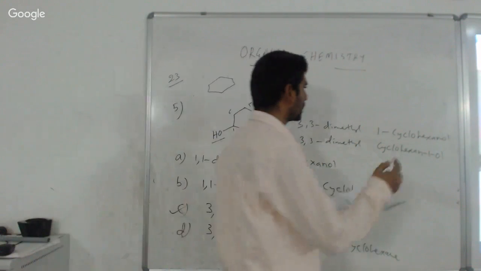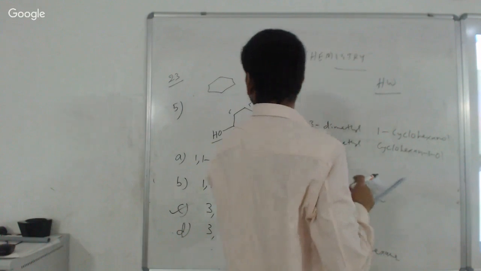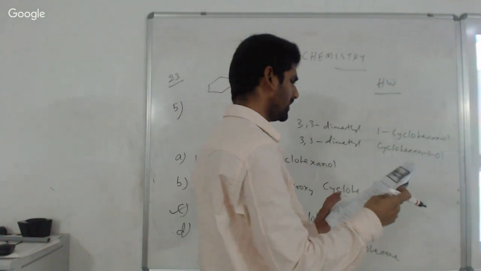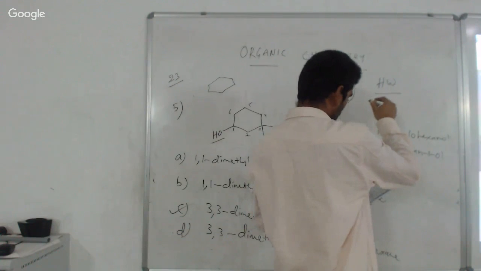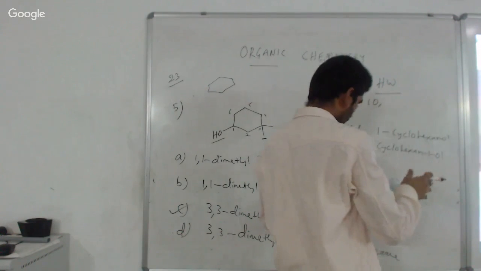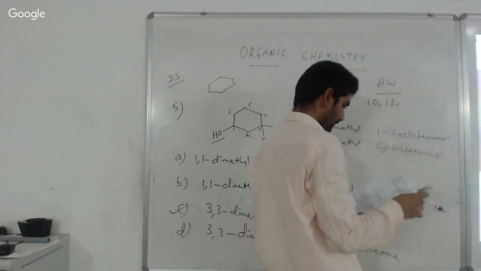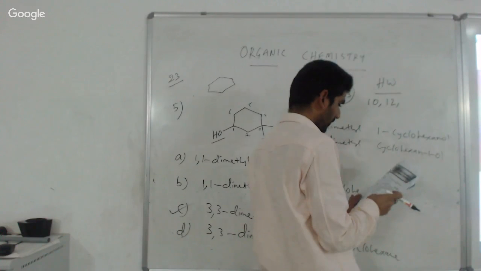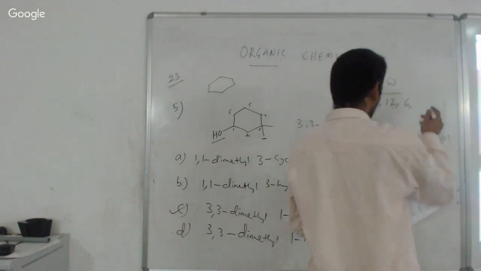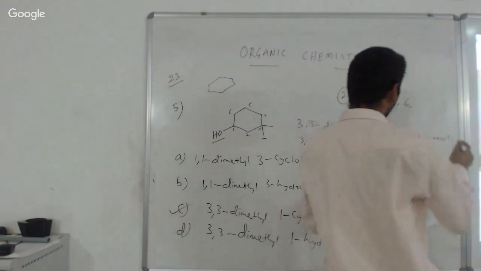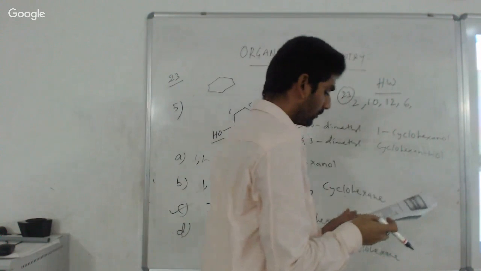Let's take your homework. Same page, same chapter, chapter 23. In that, question number 10, question number 12, question number 6, question number 2. 2, 10, 12, 6 are the homework questions.